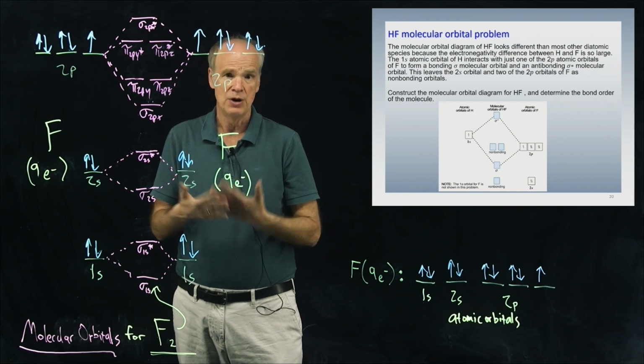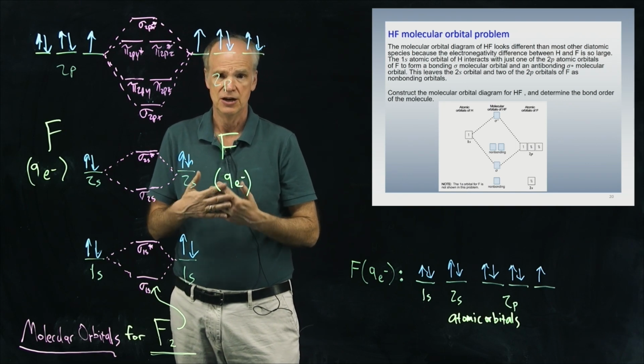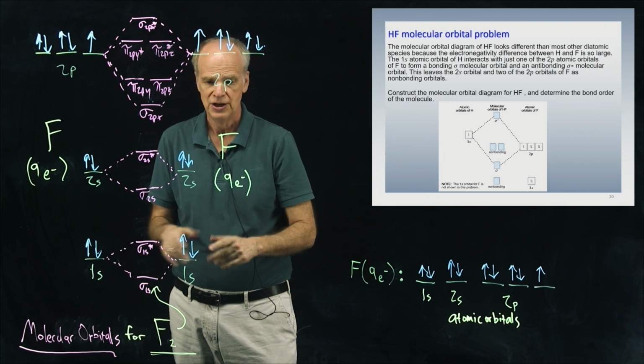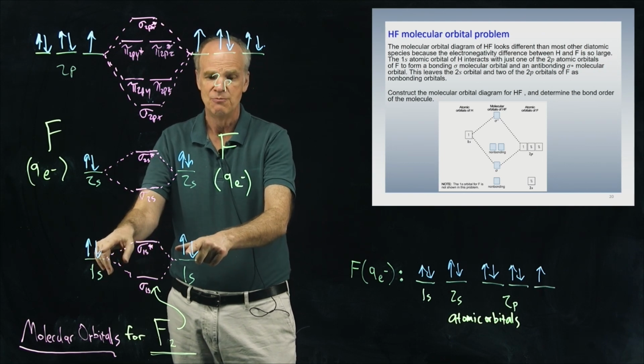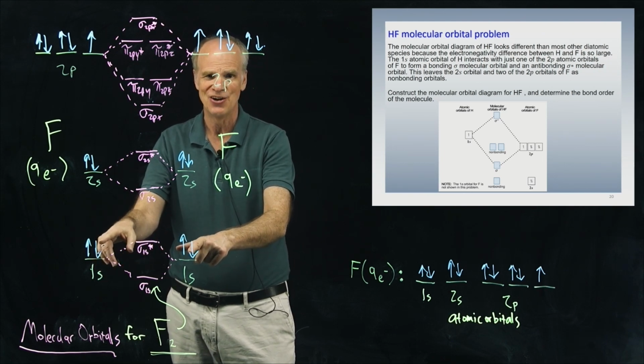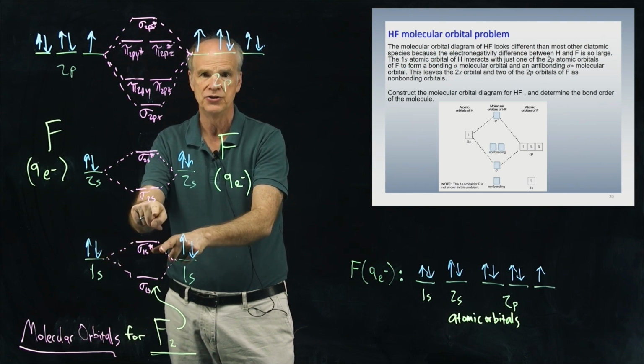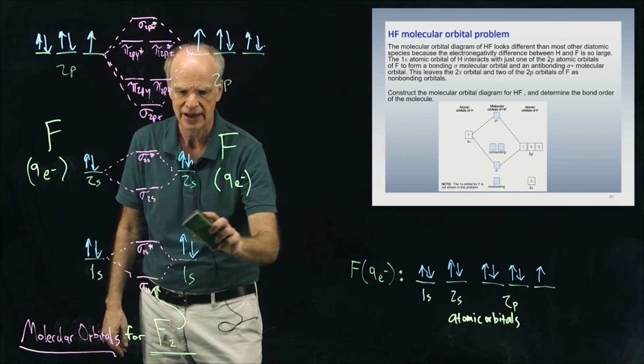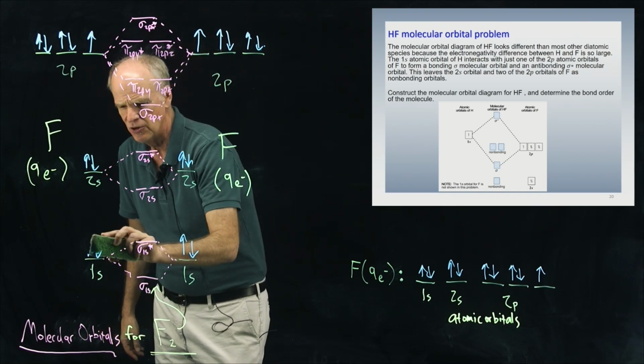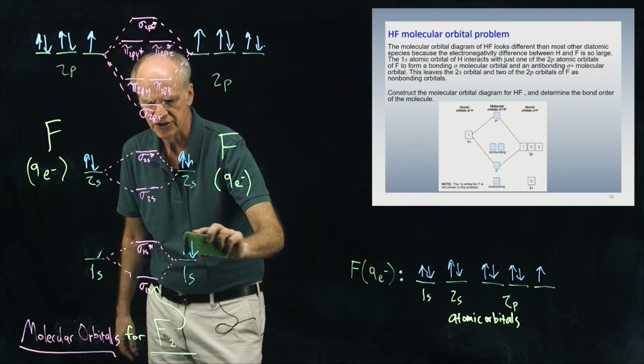Another way, as you probably know, that you can figure out the configuration for a molecule is that if you have mapped out where the electrons are in the atomic orbitals, you can use that information to figure out where they go into the molecular orbitals. So let me go ahead and do that. We're starting out with the molecular orbitals that are formed from the 1s atomic orbitals.